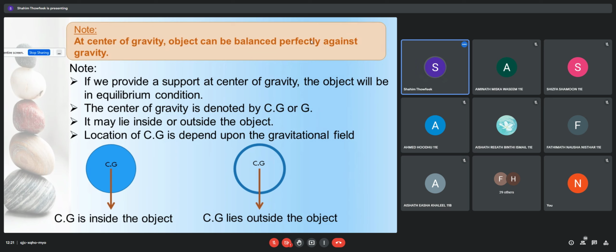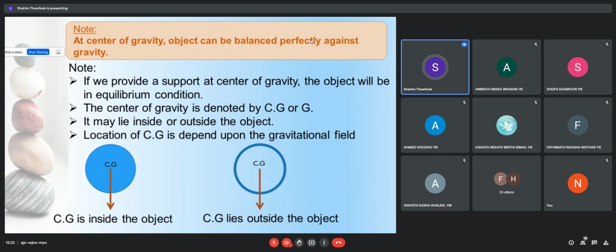If you can determine the center of gravity of any object, you can balance the object from that point. If we provide a support at the center of gravity, the object will be in equilibrium condition. What does that mean? If we balance an object exactly at the center of gravity, the object will be in equilibrium condition.